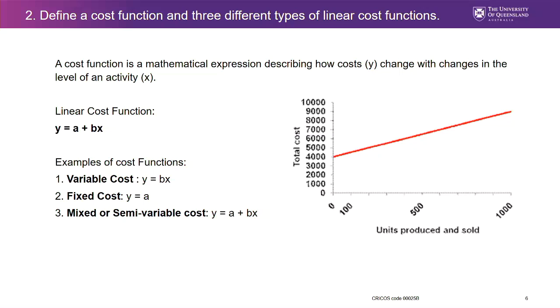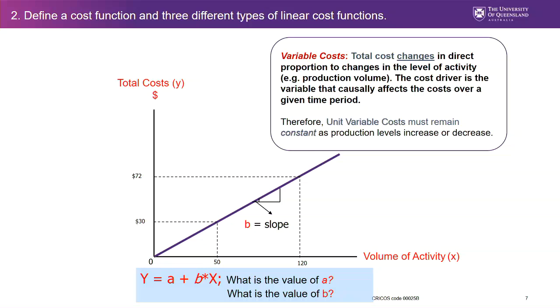It's pretty simple. Okay. So B, the variable cost per unit, is the slope of this line. So we demonstrate that here, and we calculate B by calculating the change in the cost over the change in the activity.